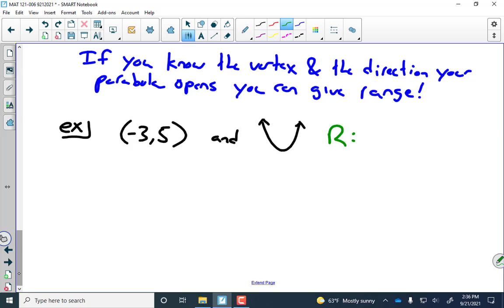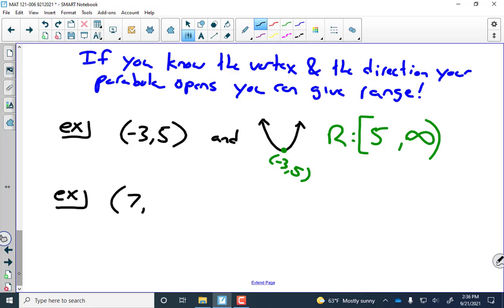So the range of this parabola goes up to infinity. But the lowest point ever on the parabola is the vertex. So what's the lowest y value it gets to? 5. And it does get to it, so that's why it gets a bracket. See, as long as you know the vertex, you have the y value of the vertex, and you know which direction it opens, you can give the range.